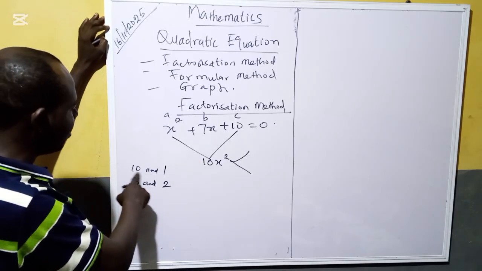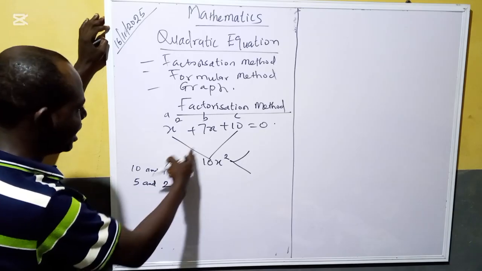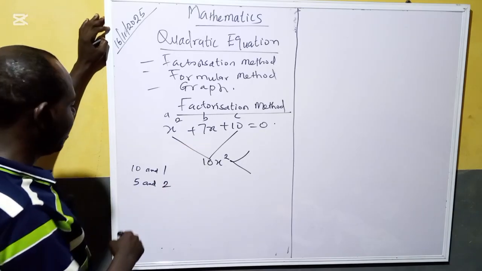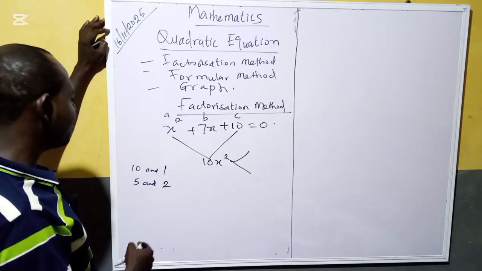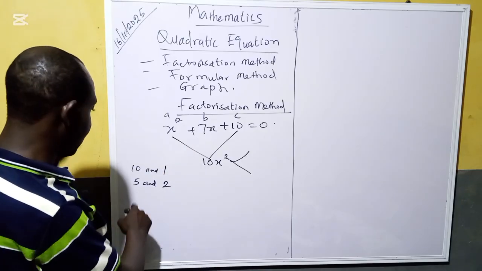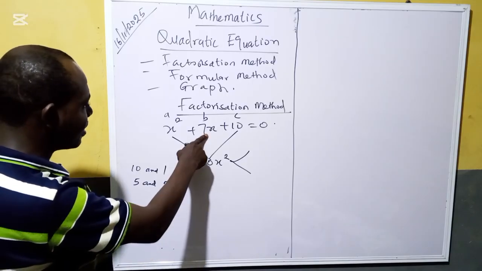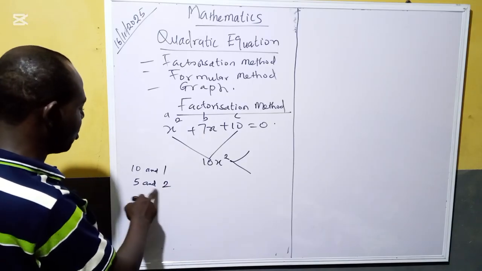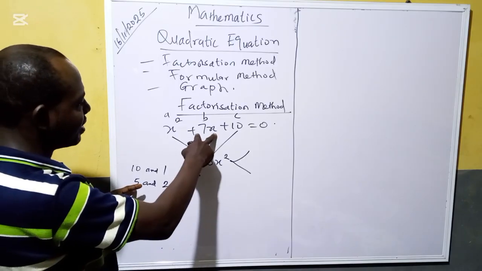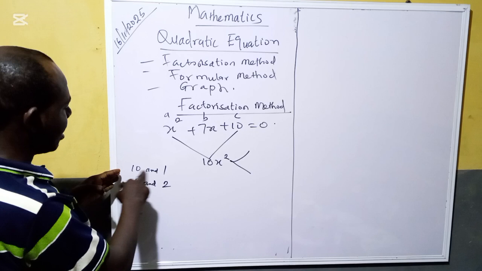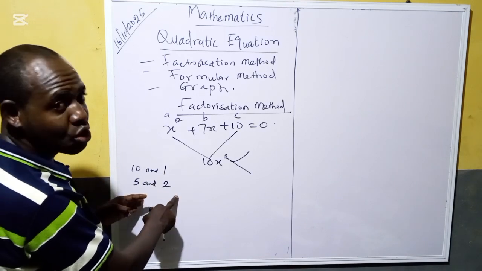If you say 10 minus 1, it won't give you 7, that is 9. If you say 10 plus 1, it won't give you 7, that is 11. Now you come here. If you say 5 plus 2, you are going to get 7. If you say 5 minus 2, you are going to get 3. So you now see that 5 plus 2 will give me 7. So I'm not going to use 10 and 1, I'm going to use 5 and 2.